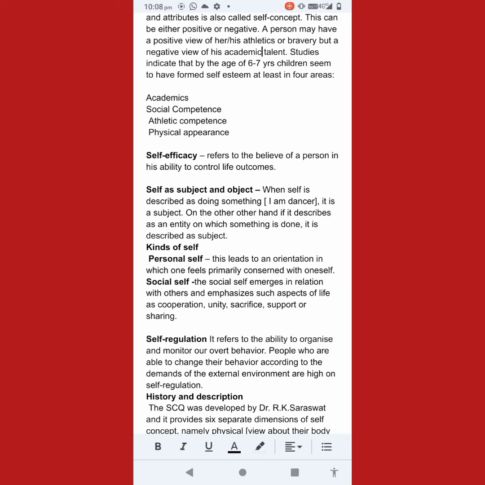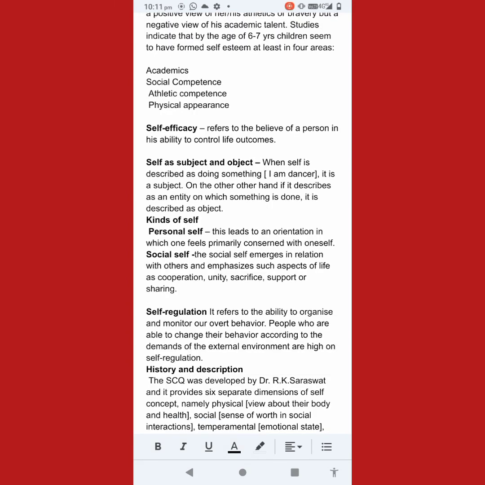On the other hand, if it describes an entity on which something is done, then it is described as object. Actually, I had corrected it just now. In both places it was mentioned as subject. Now, when someone is doing something, you write, like, I am a dancer.